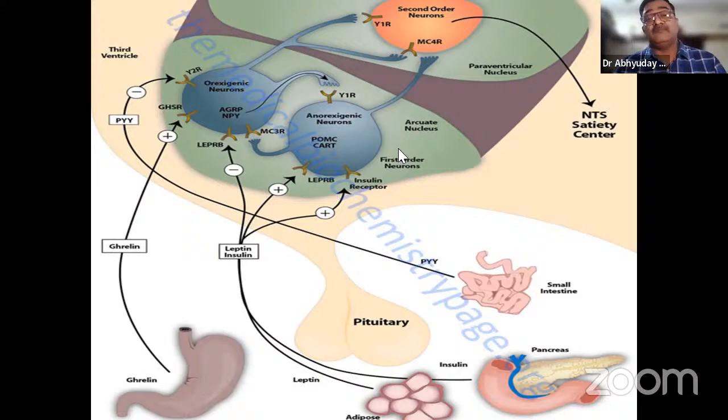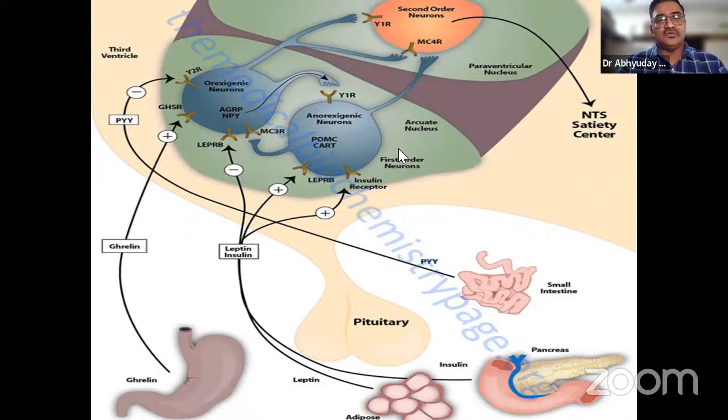Then they are in the paraventricular nucleus, the second order neurons, where we have these MC4R receptors and Y1 receptors, which take care of the satiety center. So if the satiety center is stimulated, the person feels satisfied and stops eating. If it is not stimulated through this pathway, then the person feels hungry.